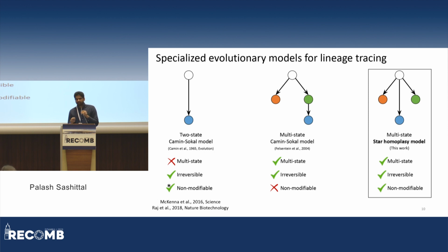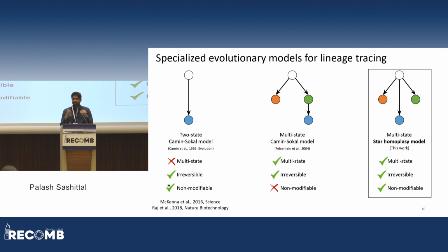Realizing that none of the existing evolutionary models capture all the features of CRISPR-Cas9 mutations, we introduce a new model, which we call the star homoplasy model. The state transition graph for this model is a star tree where the root is the unedited state, and the leaves are the mutated states. The specific structure of the star tree enforces all the features of the CRISPR-Cas9 mutations.